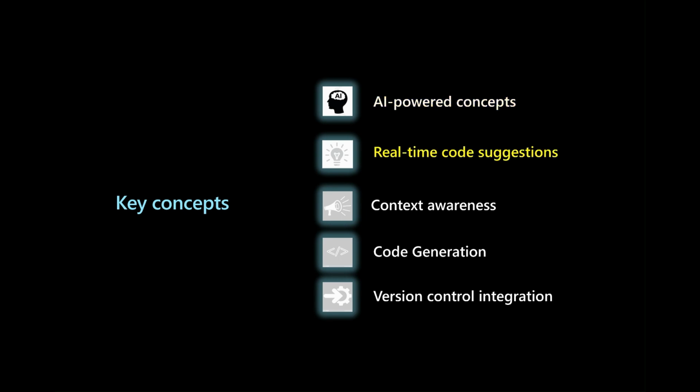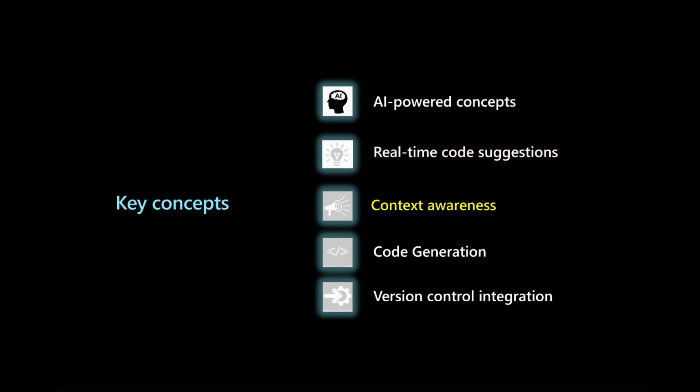It also supports real-time code suggestions. Copilot offers real-time code suggestions as you write code in your integrated development environment. These suggestions include auto completions, code snippets, and entire functions or classes that it can work around.